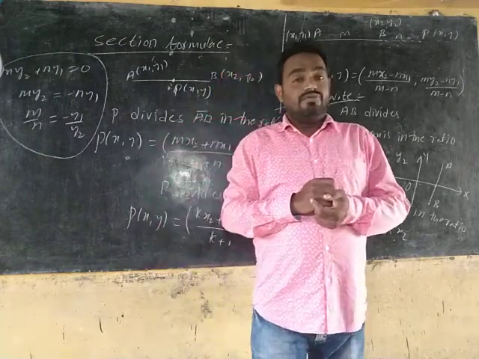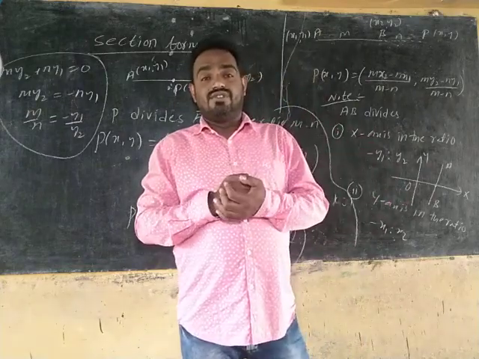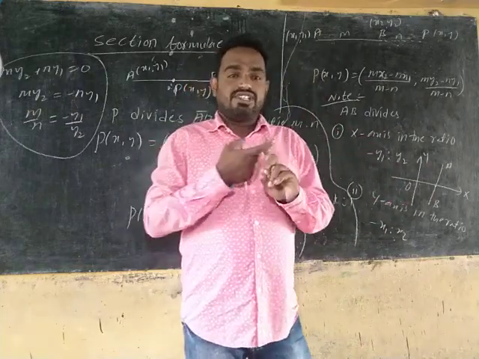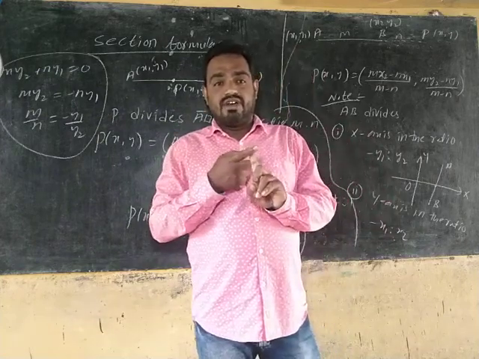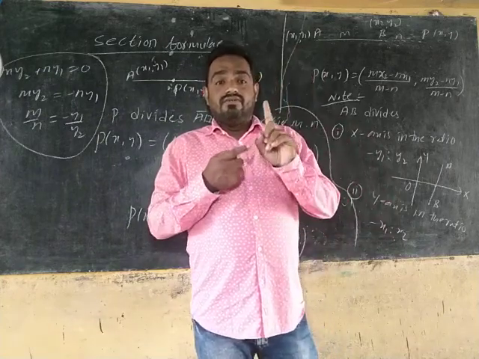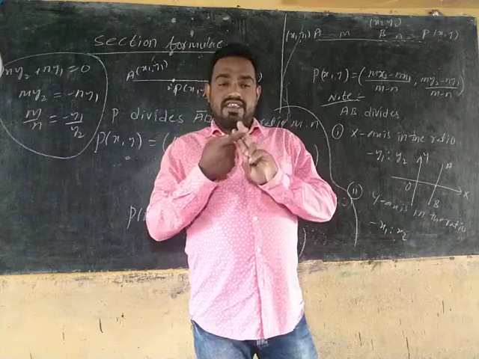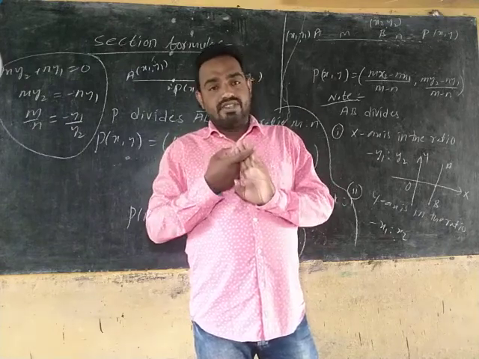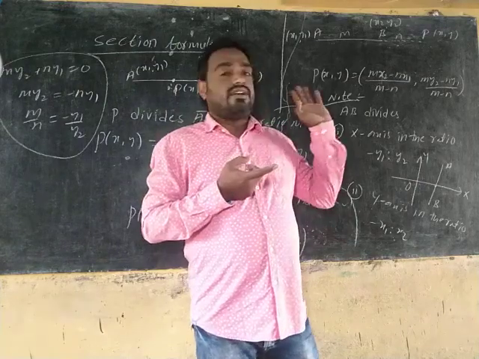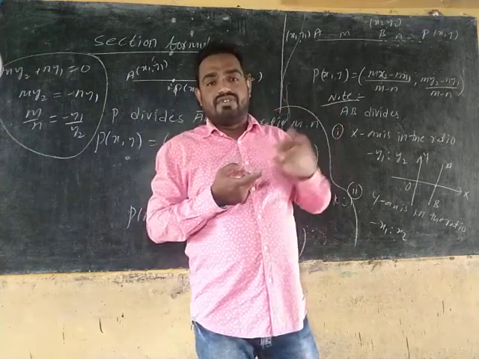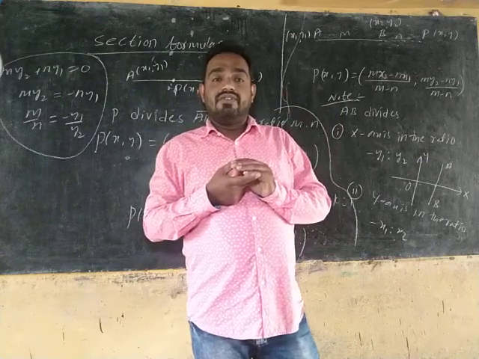Up to now we discussed formulas: the distance between two points, the area of the triangle, the conditions for collinearity, and this section formula. Based on this, I will give some questions.